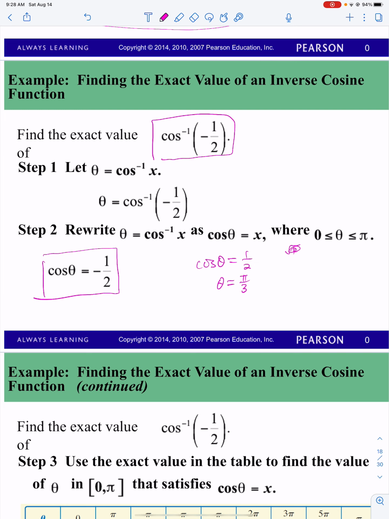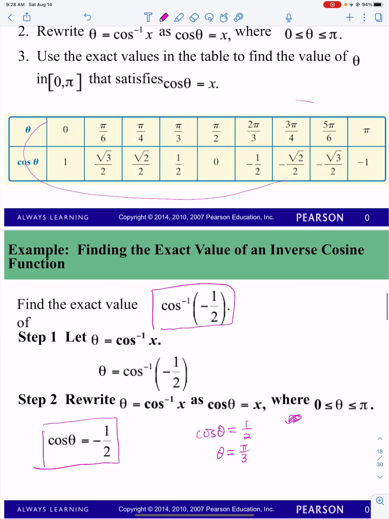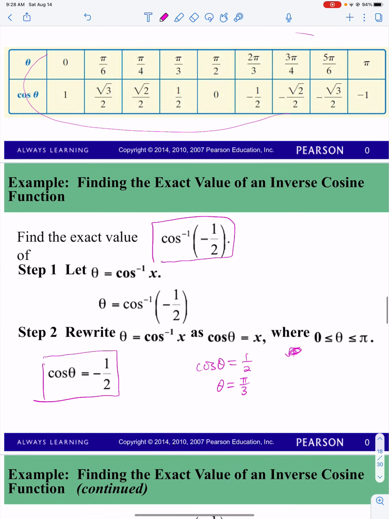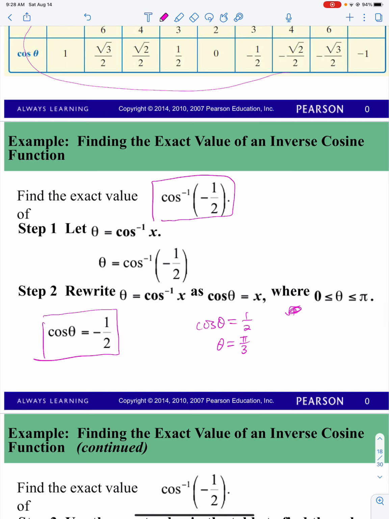Square root of 4, and for the cosine it is 4, 3, 2, 1. So theta equals pi over 3. But this cosine theta equals negative half. What happens here? Do you remember? It's always in the second quadrant. Because what is your range here? It's between 0 and pi. Negative, so it will be in the second quadrant.